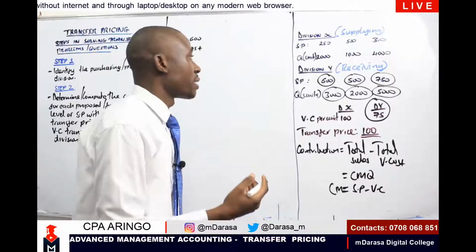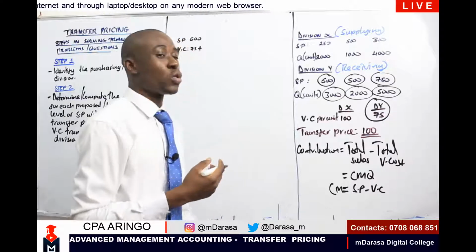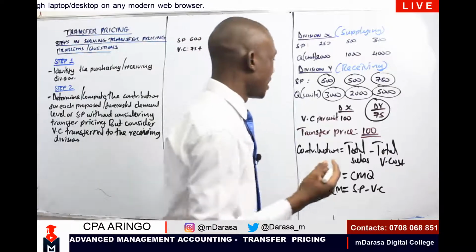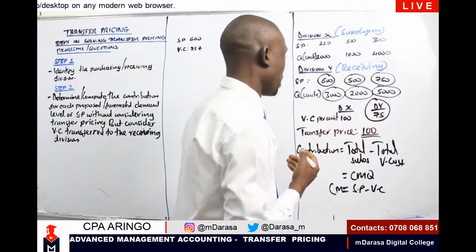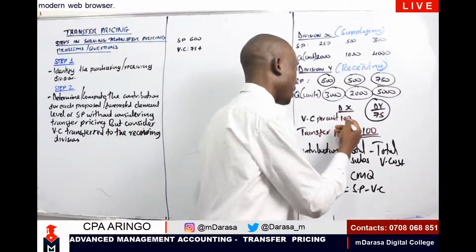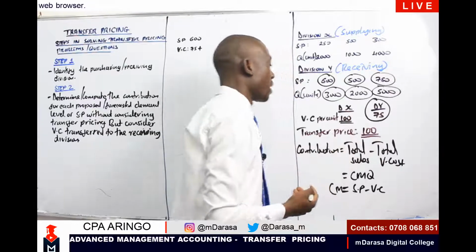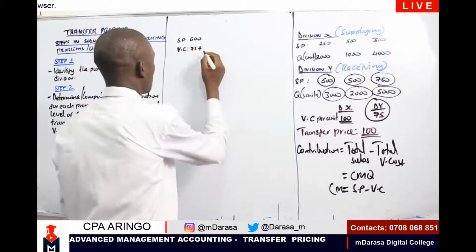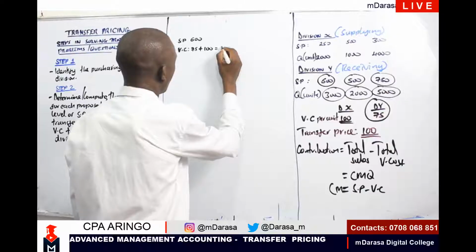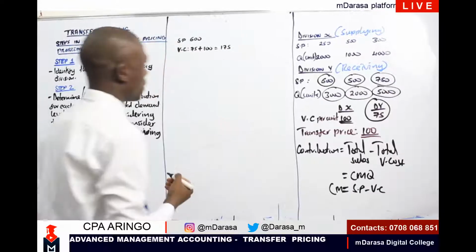What was the variable cost incurred by the selling division here? In this case, we had 100. So I'm going to take 75 plus 100. This should give us a figure of 175.